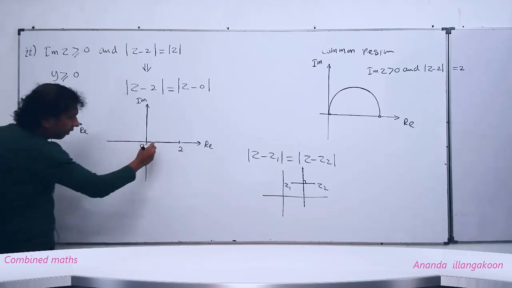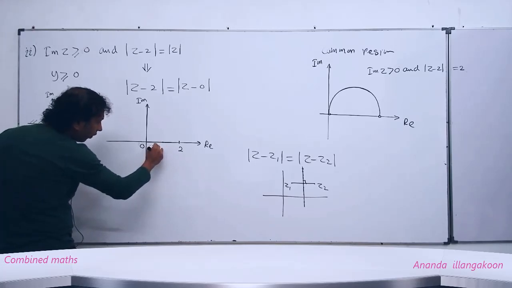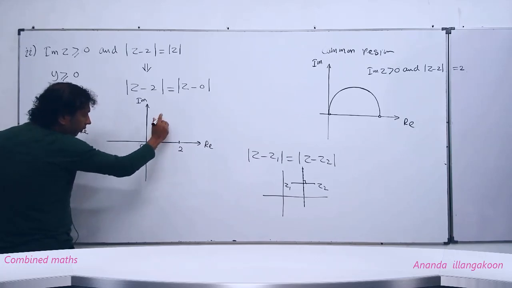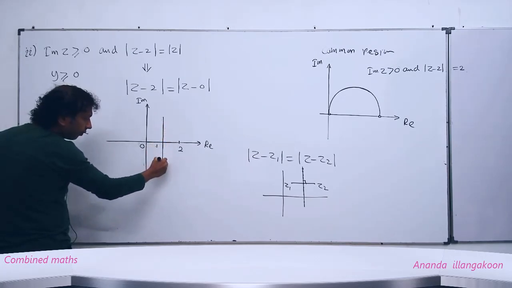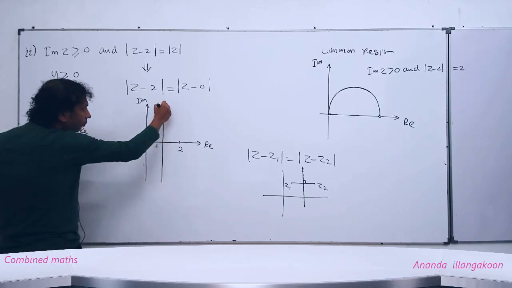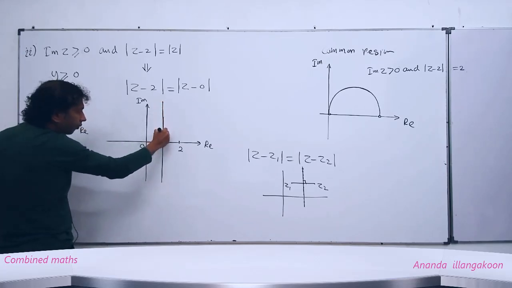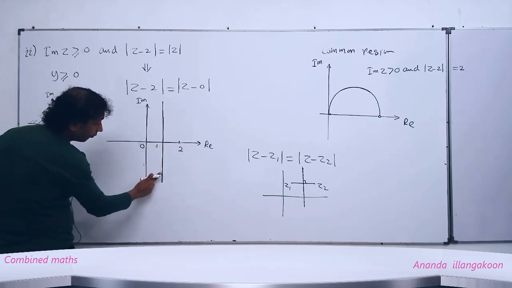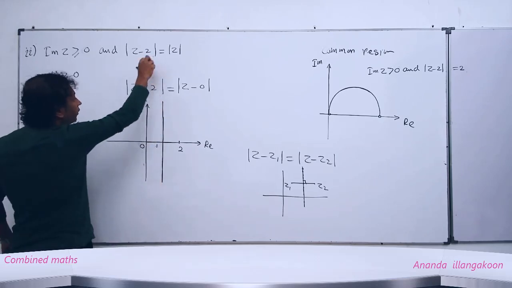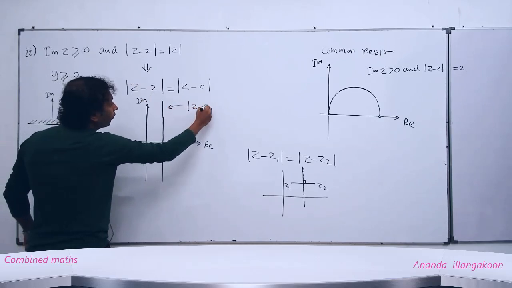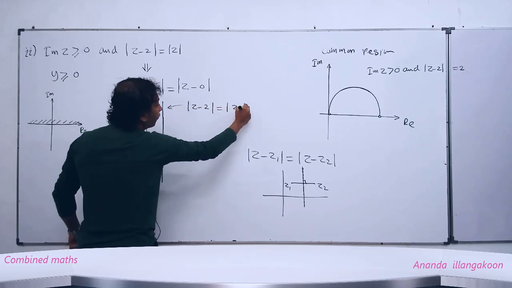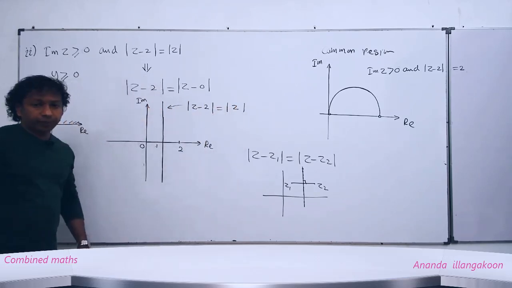Its midpoint is exactly 1, no? Here we can draw a line perpendicular to this. Okay, this is the path.